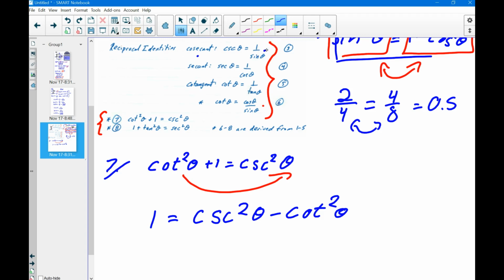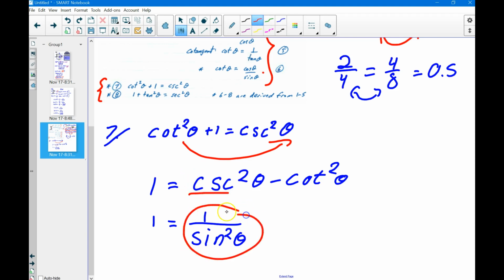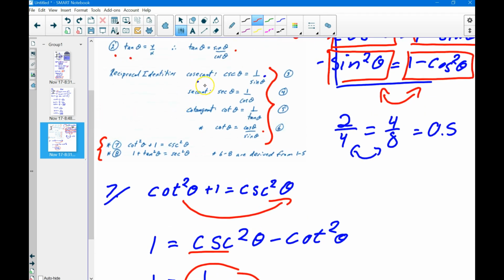So let's change it up. Put down here 1. So this is going to be 1 is equal to 1 over sine squared theta. So see what I did? Substituted this piece right here with this piece right here. It's the same thing. They both mean the same: cosecant and 1 over sine.